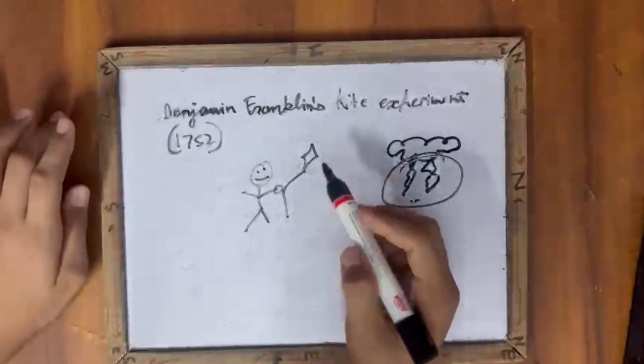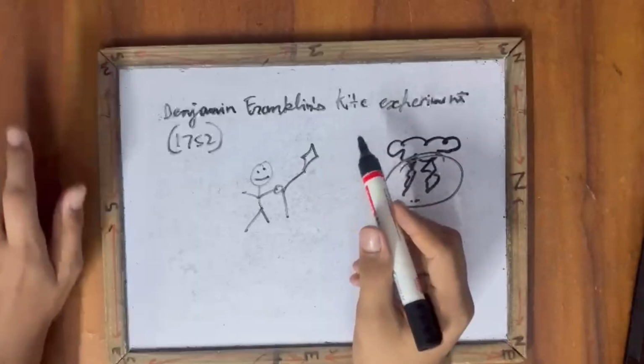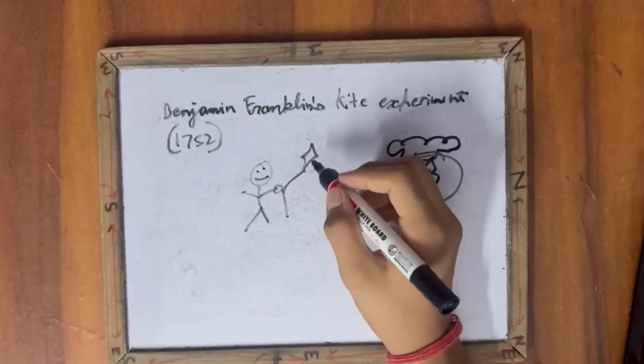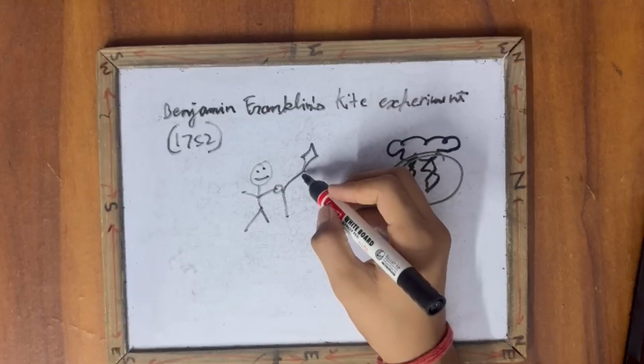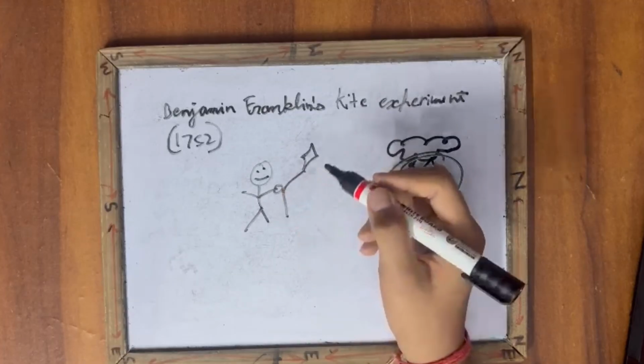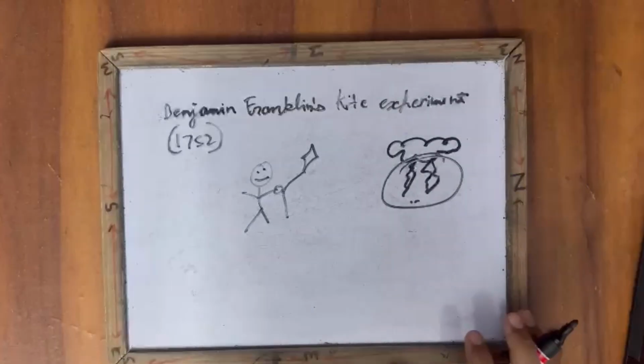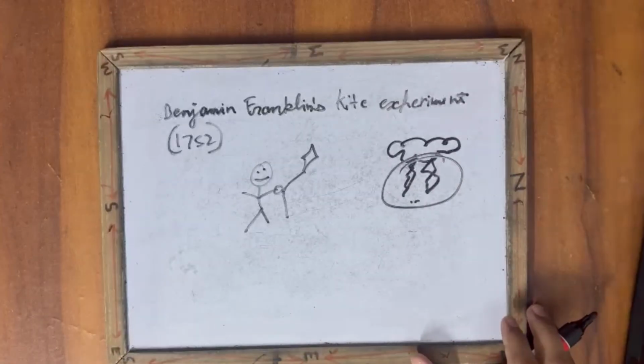When lightning occurred, he felt a shock, by which he proved that lightning is a form of electricity.